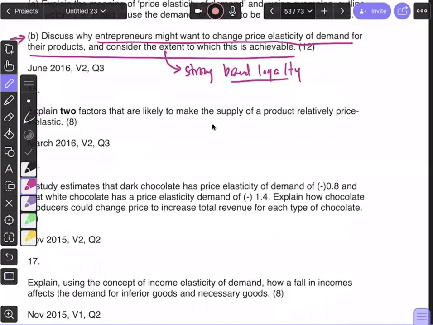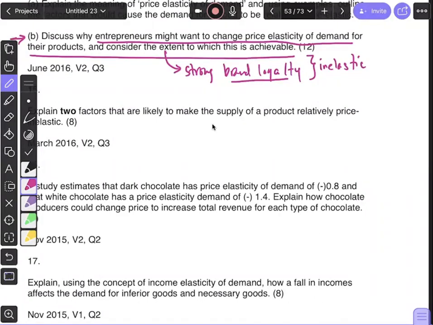A brand like Apple or iPhone knows that even if more competition comes, a lot of people may still buy my good because I have something which is inelastic. So that could be another reason why one would want to make the good more inelastic.